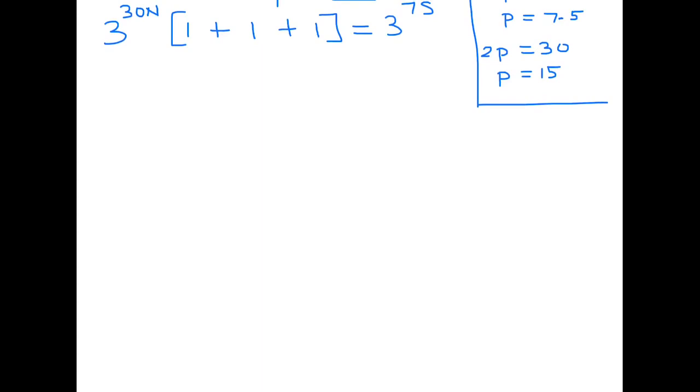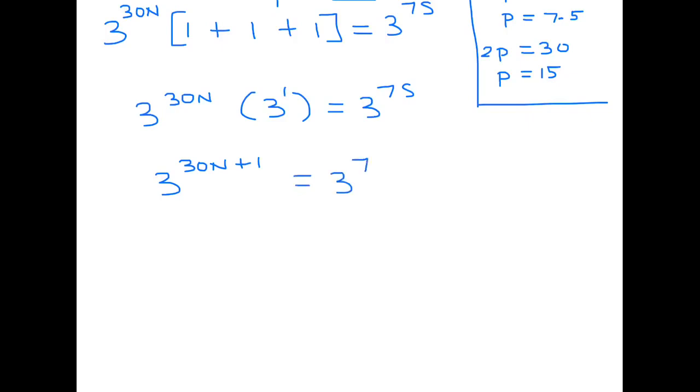Like this. So now we have 3 to the 30n times 3 equals 3 to the 7s. Okay? So this becomes 3 to the 30n plus 1, because this is 3 to the power of 1, is 3 to the power of 7s. And therefore, the exponents must be the same since the bases are the same. So 30n plus 1 equals 7s.